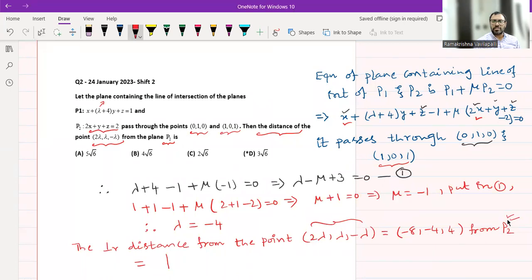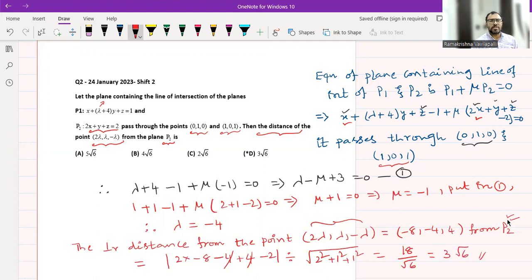Modulus of, substitute this point in this plane: 2 into minus 8 plus minus 4 y coordinate and the z coordinate is 4 minus 2, whole divided by root over x coefficient is 2. So 2 square plus 1 square plus 1 square. So you will get here minus 16 minus 20 and anyway 4 cancelled. So minus 18 modulus is there. 18 by root 6. So this is equal to, you will get 3 root 6.